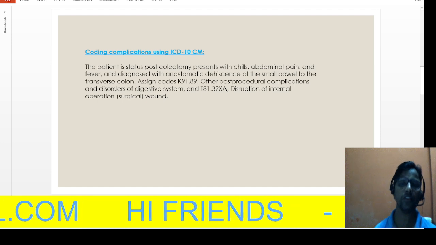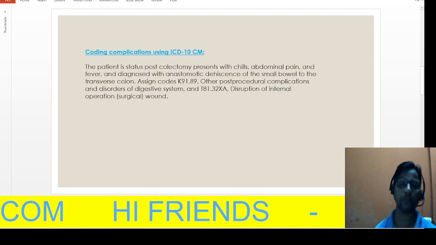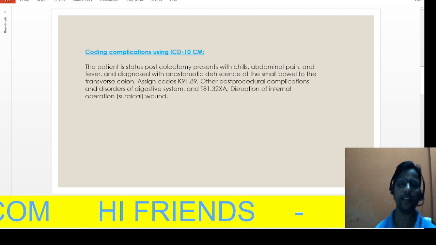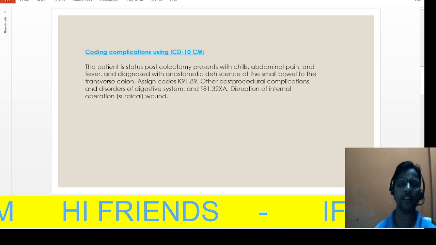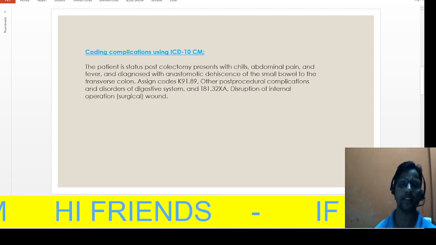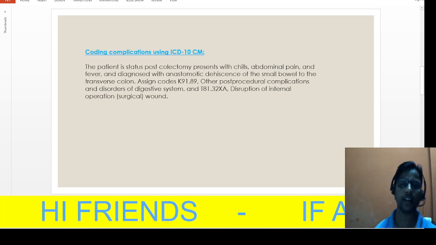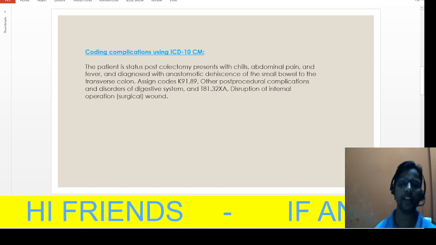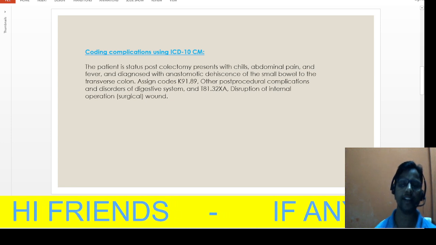Here we need to code two codes. The first one is for other postprocedural complications and disorders of digestive system, as these complications relate to the colectomy procedure, which comes under the digestive system. We also need to code the specific complication, which is the current condition for which the patient visits the hospital. Here the patient has dehiscence, so we code for dehiscence also.